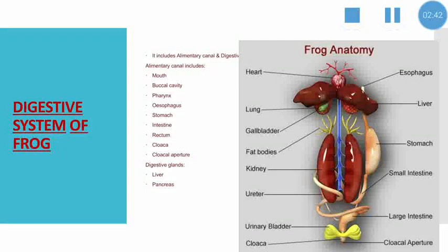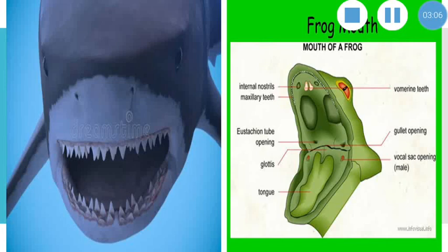While in the frog the mouth is a wide, semi-oval slit, and it extends along the entire margin of the head, bounded by upper and lower jaws covered with internal skin. So here you can observe the difference between the Scoliodon mouth and the frog.